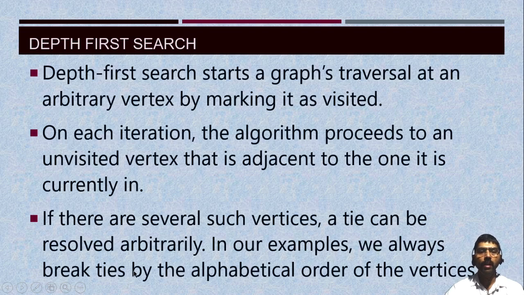In our example, we are picking by the alphabetical order of the vertex. Alphabetically, whichever is smaller, that vertex is taken as the adjacent node.